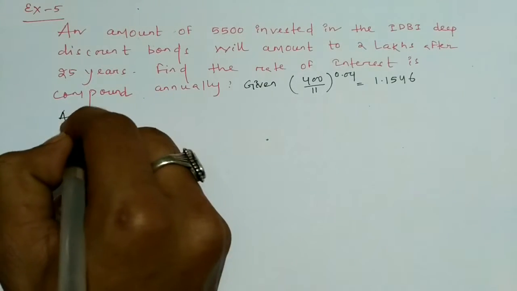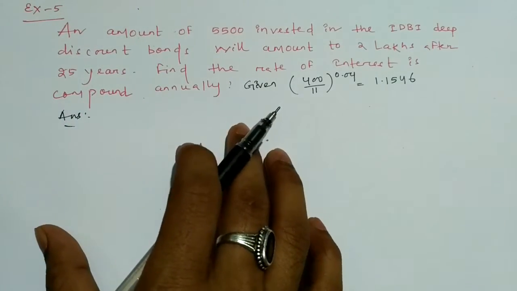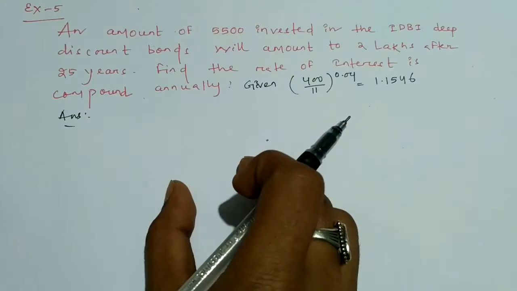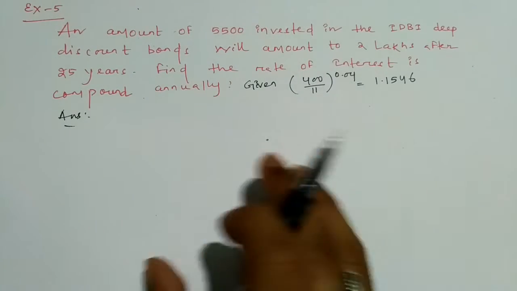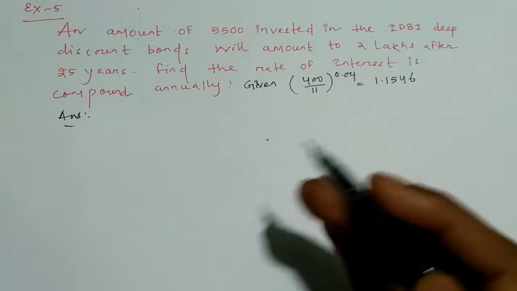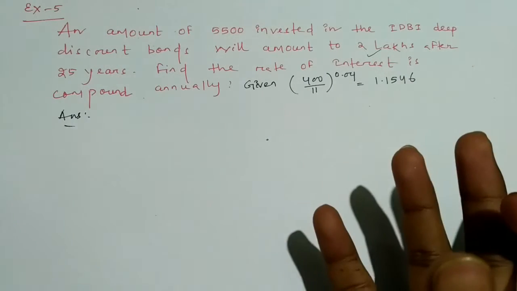Fine. So to clarify the question, IDBI deep discount bond means 5,500 will be invested, compounded annually, and finally it matures to 2 lakh rupees.